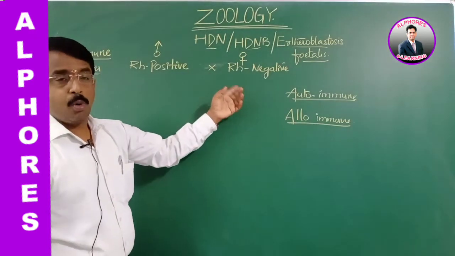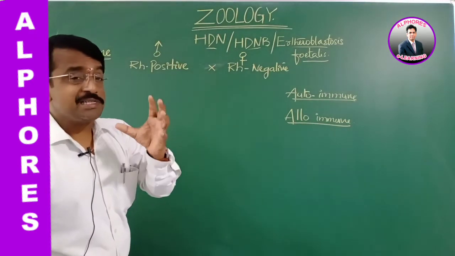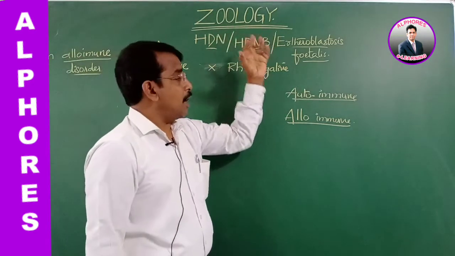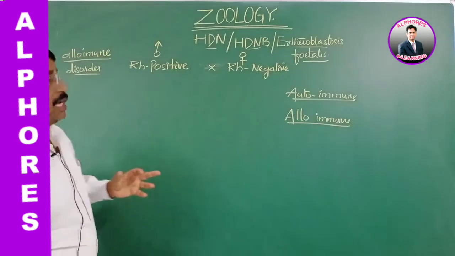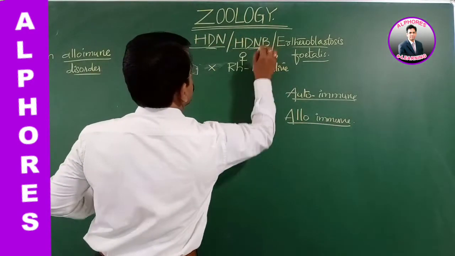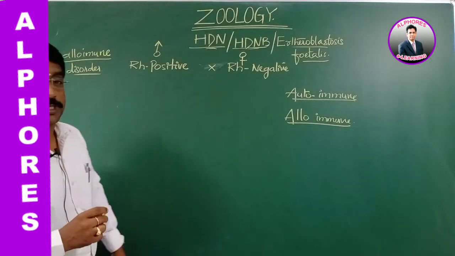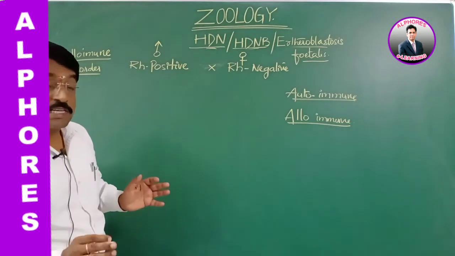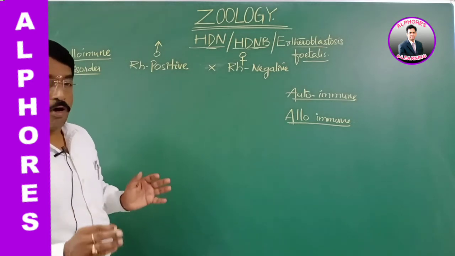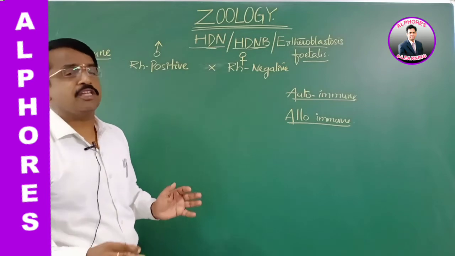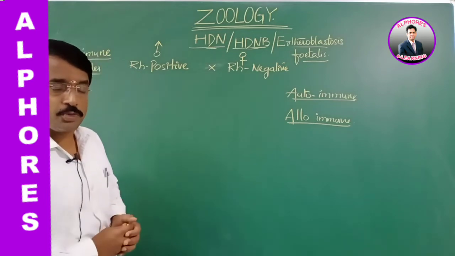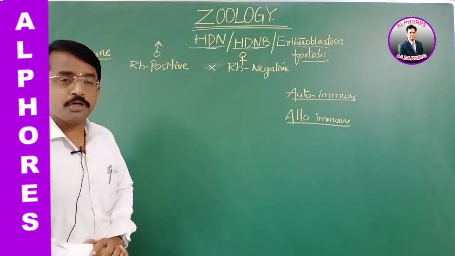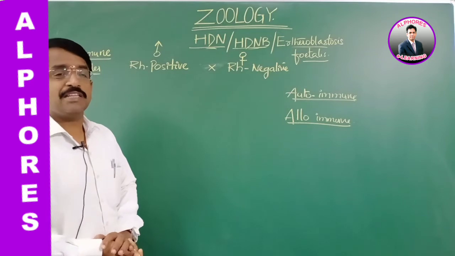The man and woman are different individuals, and the genetic incompatibility results in consequences that are named alloimmune disorder. So HDNB or HDN, erythroblastosis fetalis, is said to be an alloimmune disorder, as the harmful conditions seen, nothing but hemolytic anemia as well as jaundice, are the symptoms, where RBCs are ruptured leading to agglutination and fetal death.